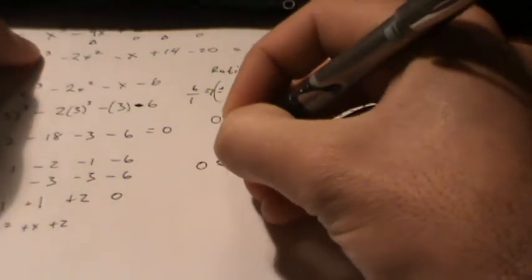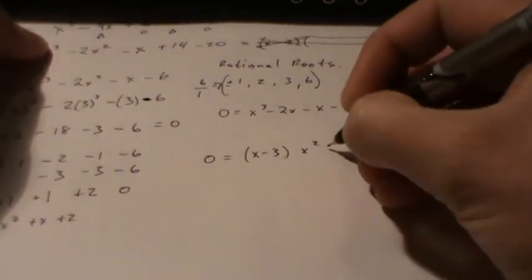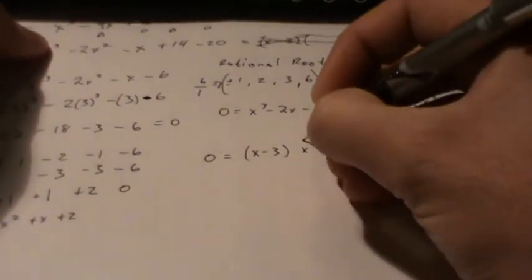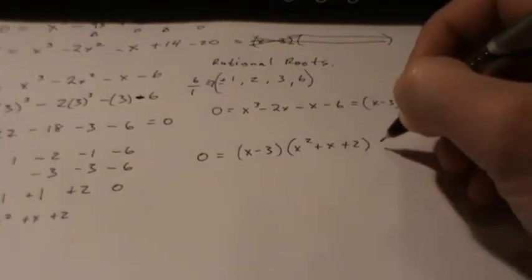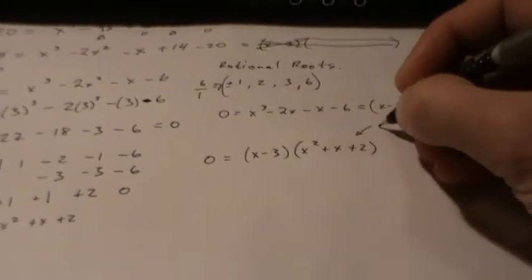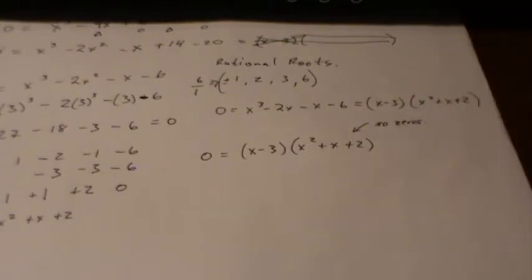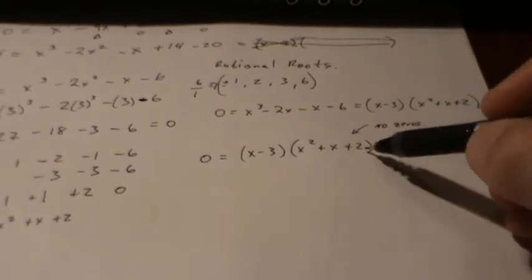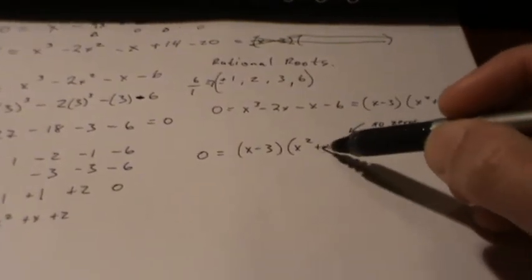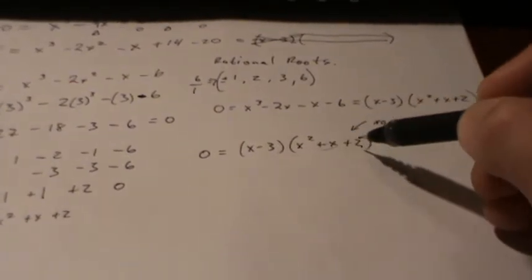And so I've got x minus 3 times x squared plus x plus 2. And actually, if you look at this, this has no zeros, because all of these are positive. This is positive, and this is a square, so it's positive. So this will never actually achieve a negative number.